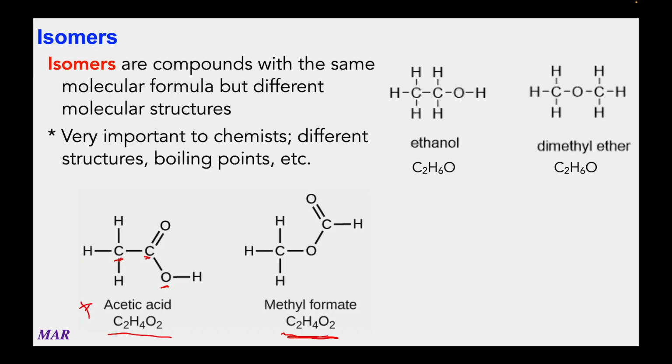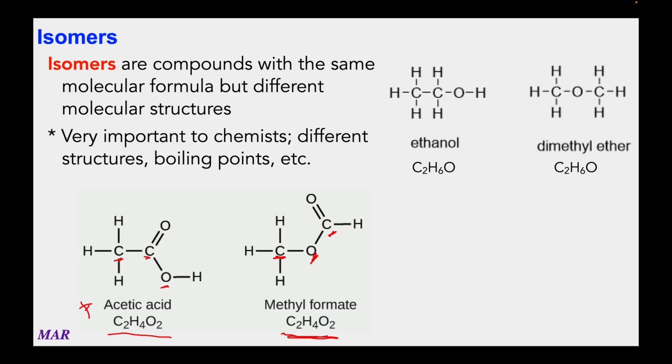They're both C2H4O2, but the orientation of atoms is different. So now if you look at this methyl formate, there's a carbon on the outside, an oxygen in the middle, and then this carbon's kind of on the outside. So methyl formate is quite different chemically from acetic acid. They have the same molecular formula, but they're oriented differently in space, and that's really, really important.